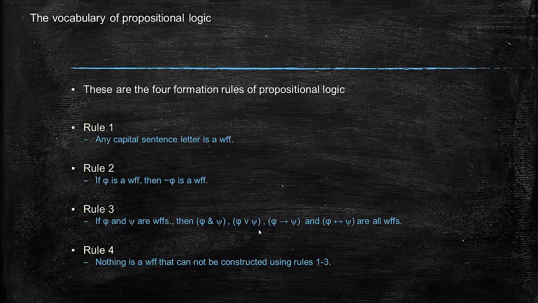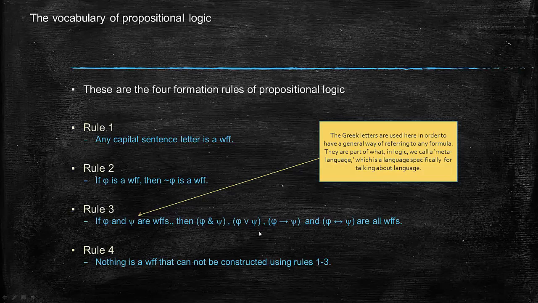Now, you might be wondering why we have these Greek letters. They're used in order to have a general way of referring to wffs, and they're introduced as ways of legitimately talking about our language.